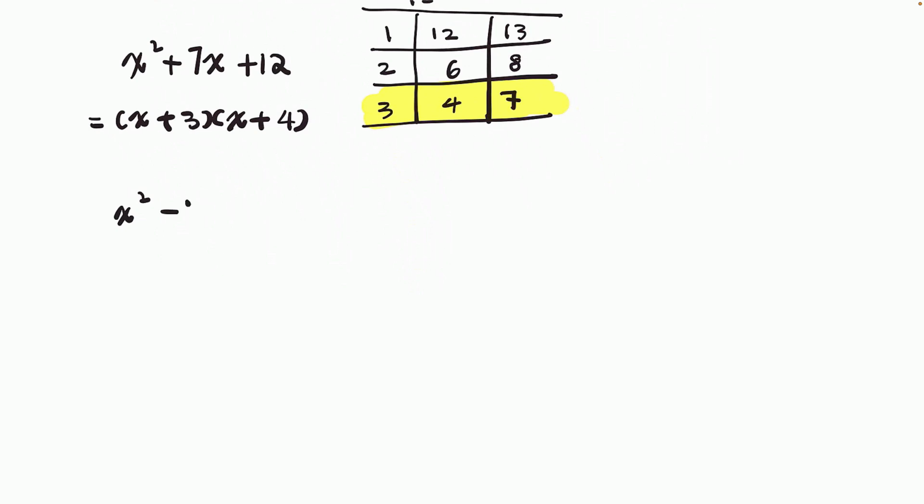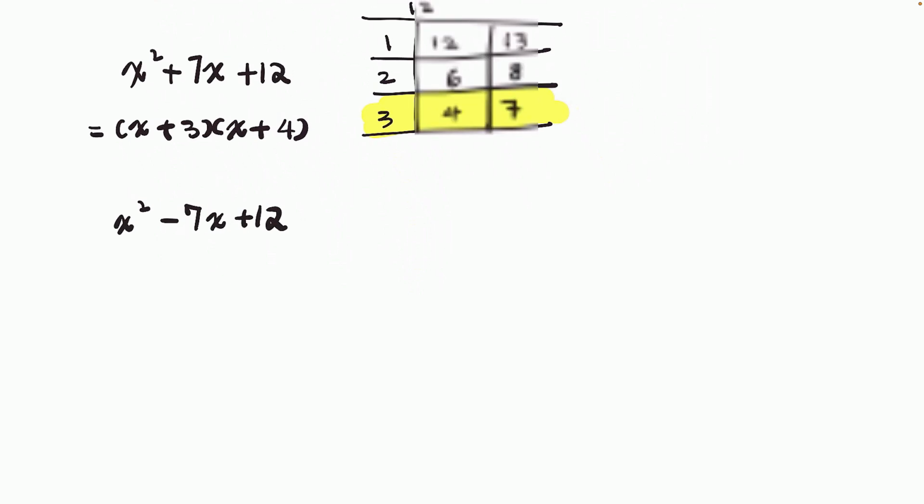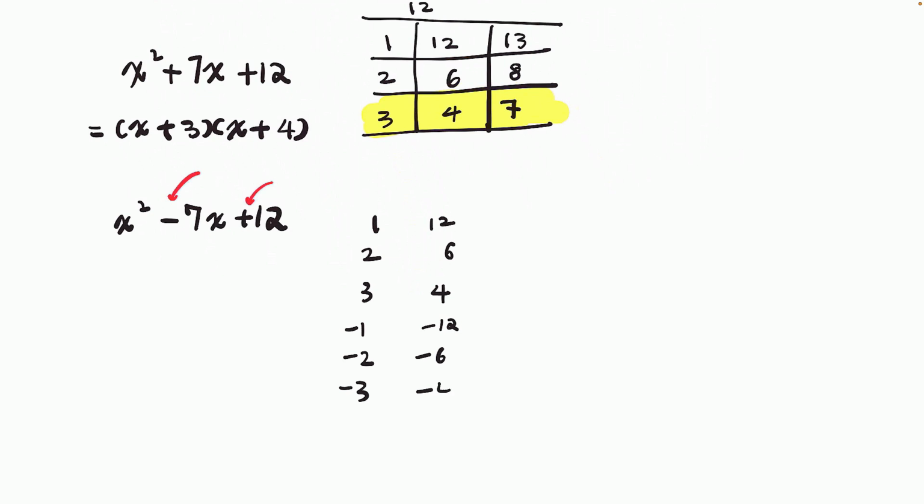This time if we got minus 7x plus 12, then you will see that this is going to be negative. Okay? And now for 12, other than using 1, 12, 2, 6, 3, 4, we can actually use negative 1, negative 12, negative 2, negative 6, negative 3, negative 4.